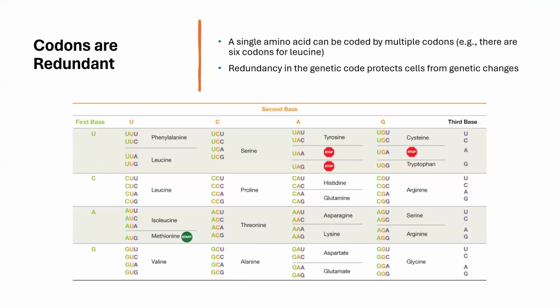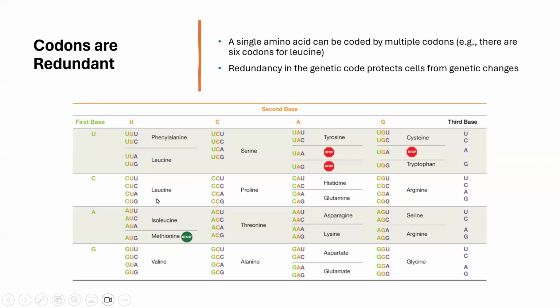And so this is what we're talking about. A single amino acid can be coded by multiple codons. The biggest example here where you have the most possible differences is for leucine. So leucine has all of these variabilities: UUA, UUG, and then all four CU possibilities. And this is something that's going to be there to help protect against genetic changes.